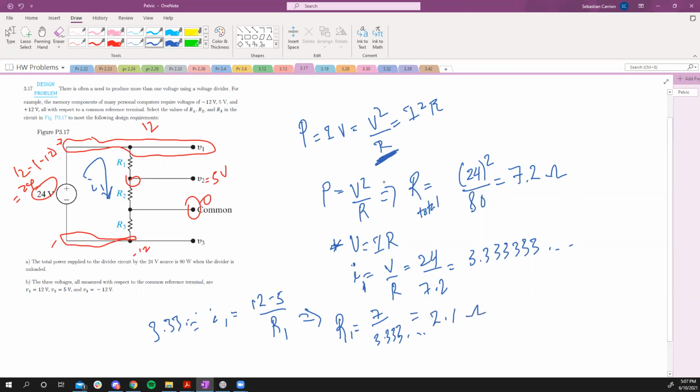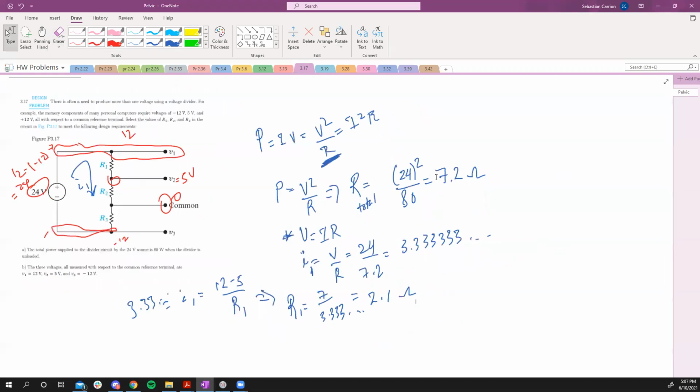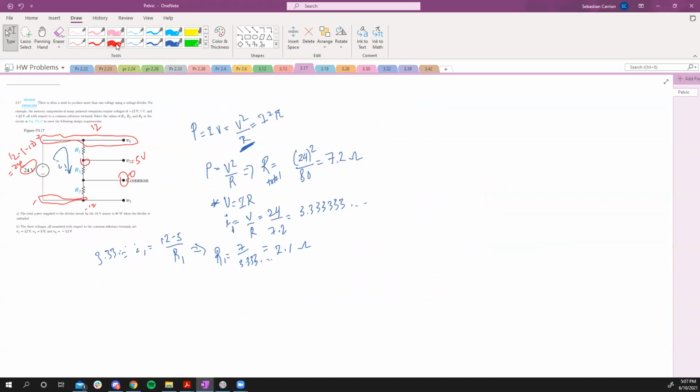I'm going to make more space and draw it in another color. This is R2, and it's the same thing for R2. 3.33 equals 5 minus 0 over R2.